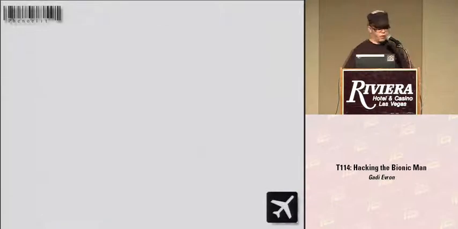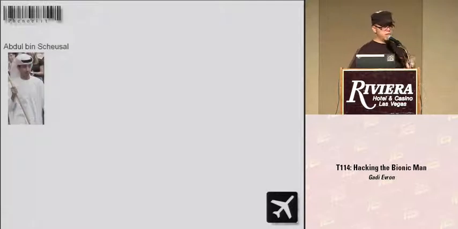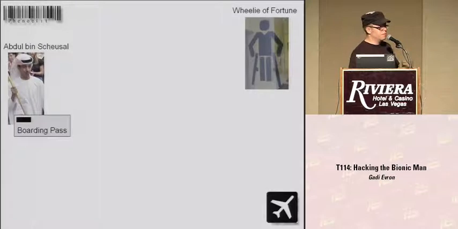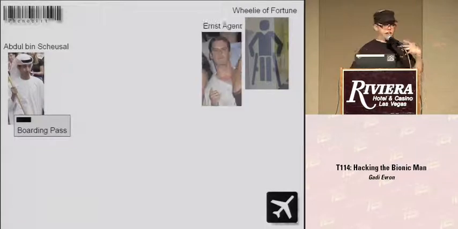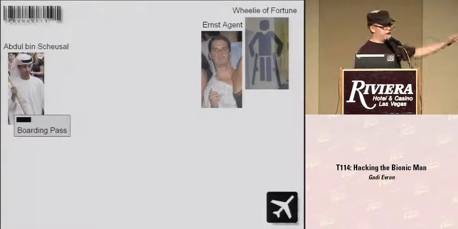So here's the scenario. We have this person that is considered a potential terrorist just because he wears blankets. And then we have his boarding pass. We have this other person who strangely looks like a government official in our country, who actually has an agent, and wants to make this innocent blanket-wearing person look like a real terrorist.